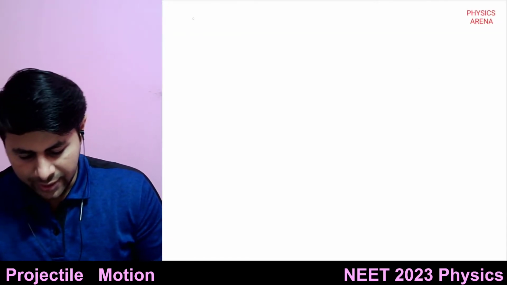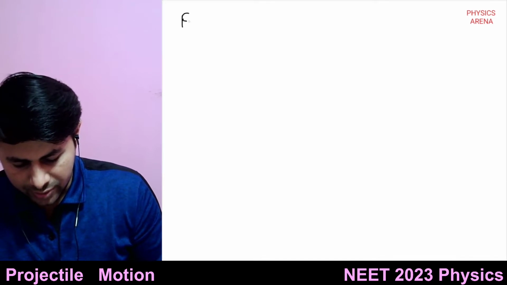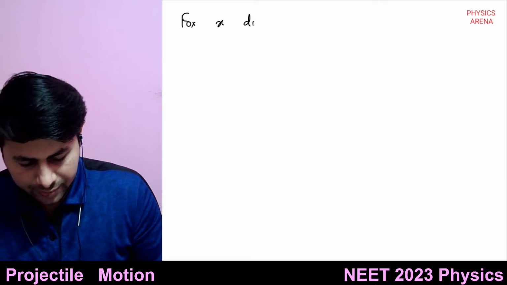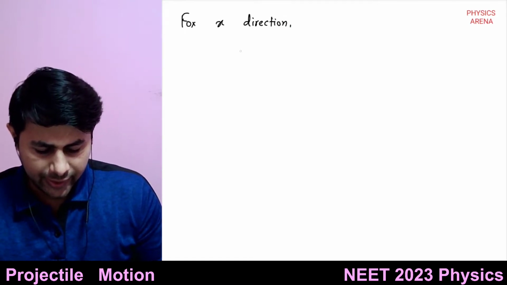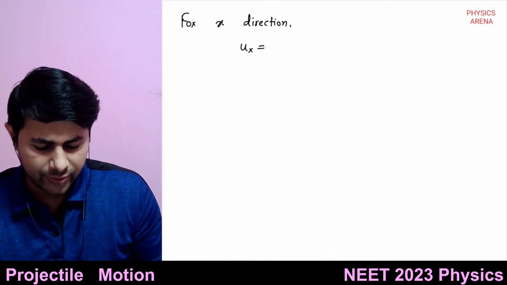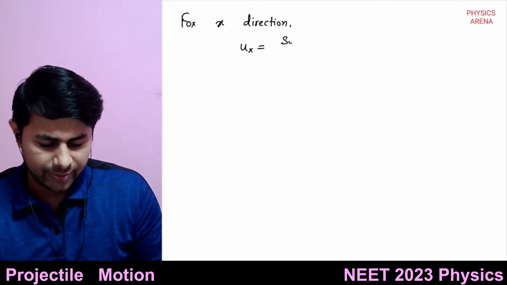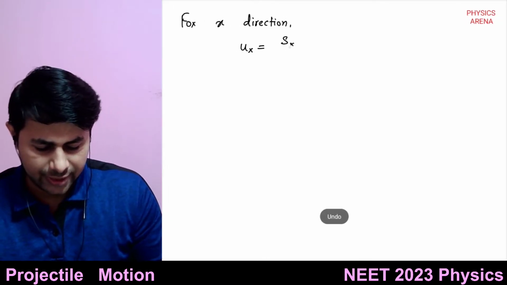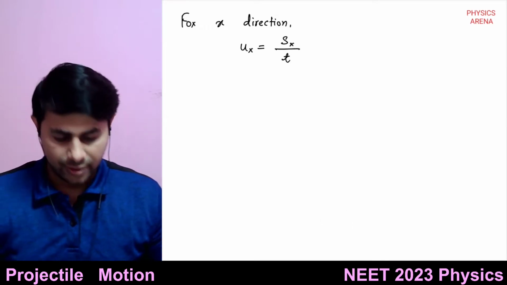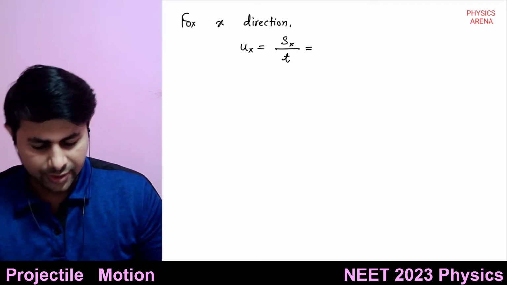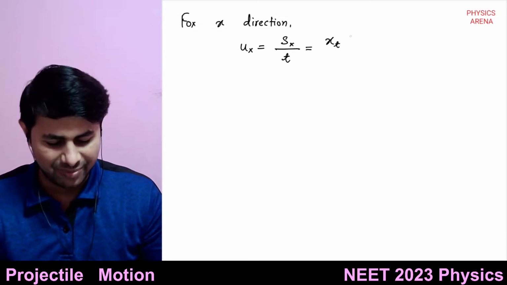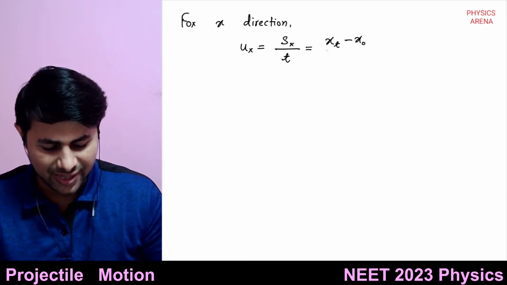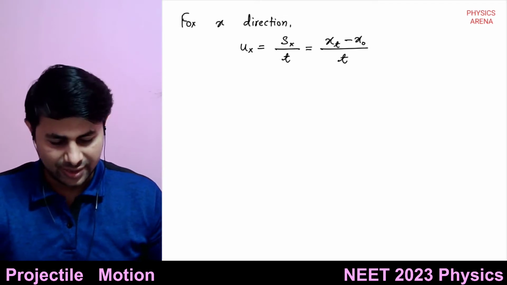So for x direction, I can say ux is equal to what? The displacement in x direction divided by time, and this displacement is x at some time t minus x at start, divided by time, right?